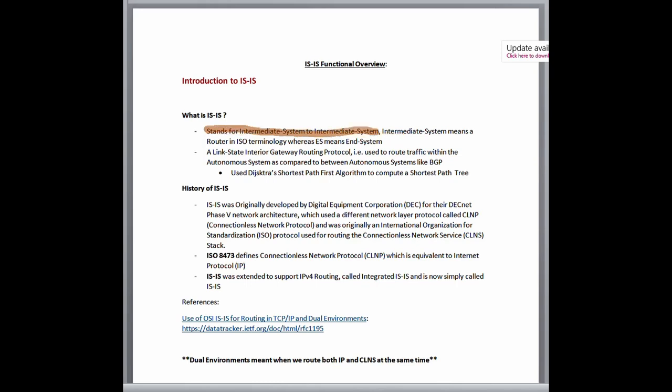So friends, before we go further, let's have a quick review of the history of the IS-to-IS routing protocol. IS-to-IS was originally developed by Digital Equipment Corporation to support the connectionless network protocol for routing the connectionless network service stack, and it was later adapted by the IETF in the year 1991.